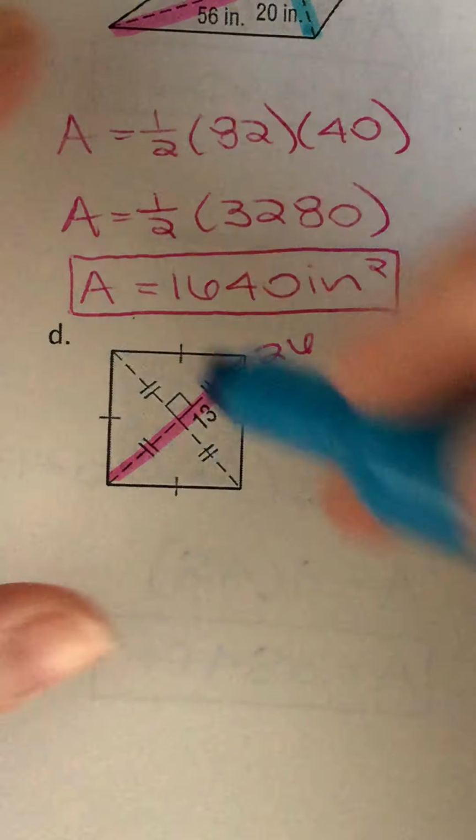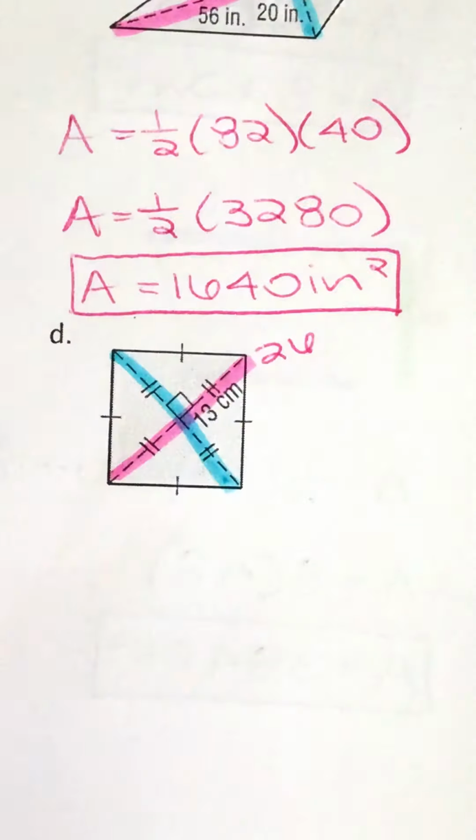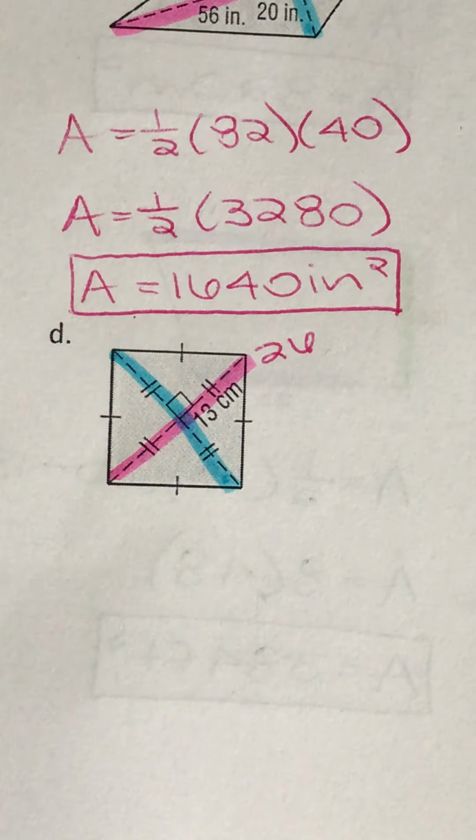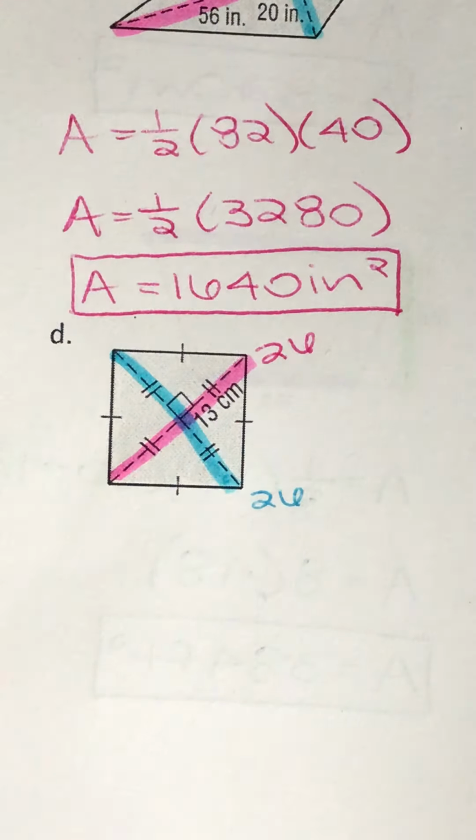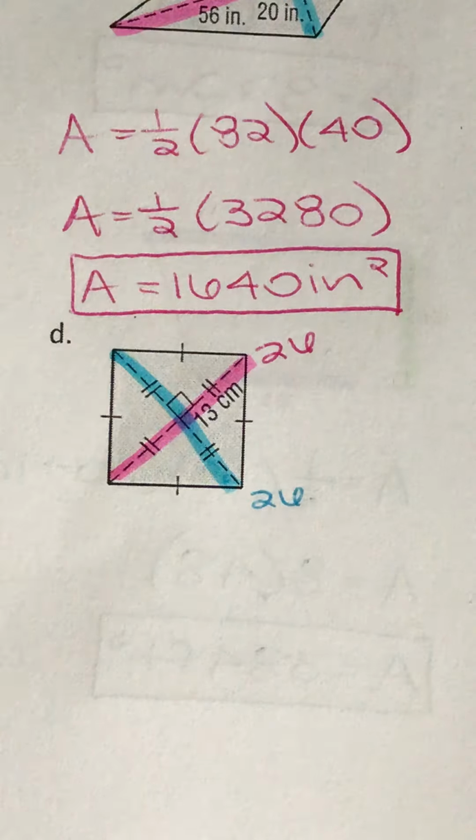You'll notice this one is a square, which if you remember from chapter 6, squares are also rhombi. So my 2 diagonals are going to be the same, 26 and 26.